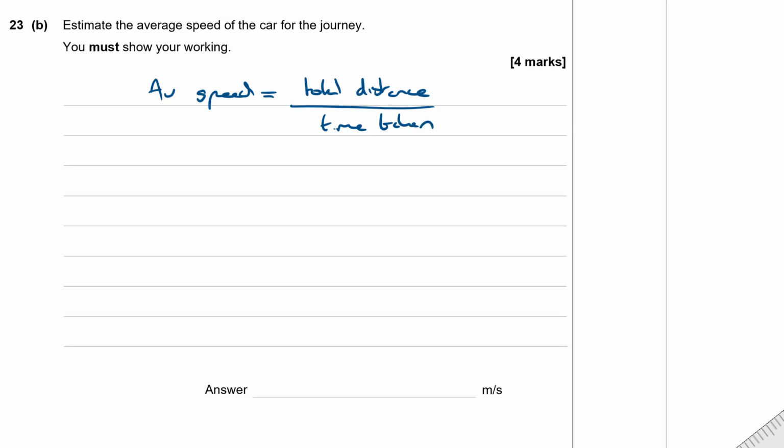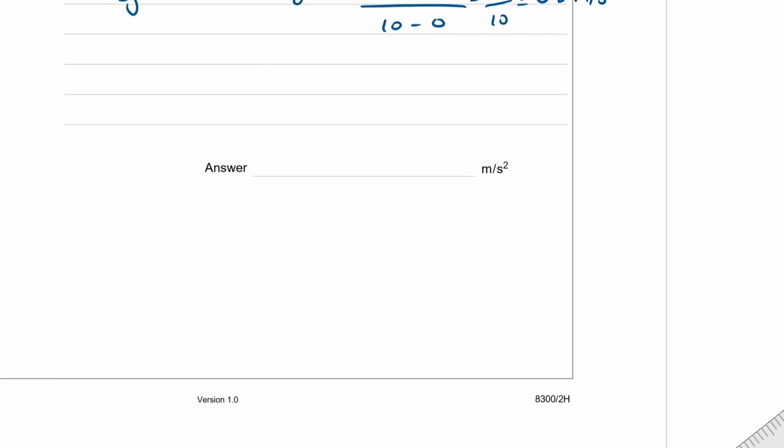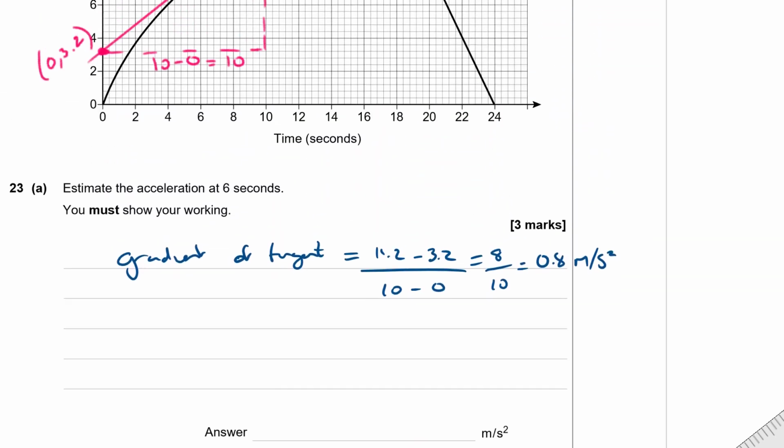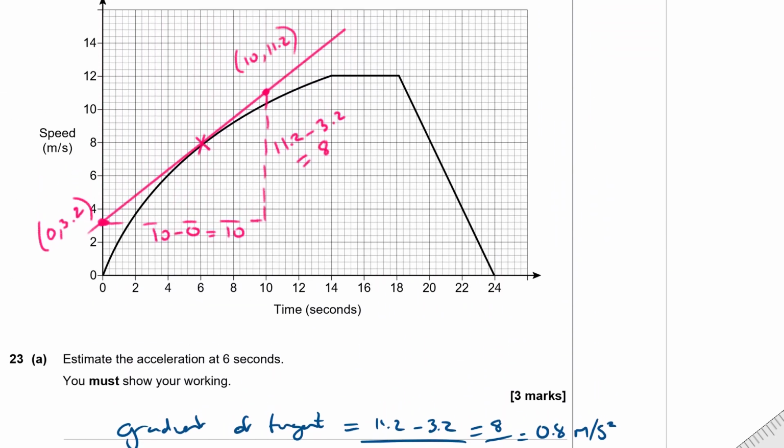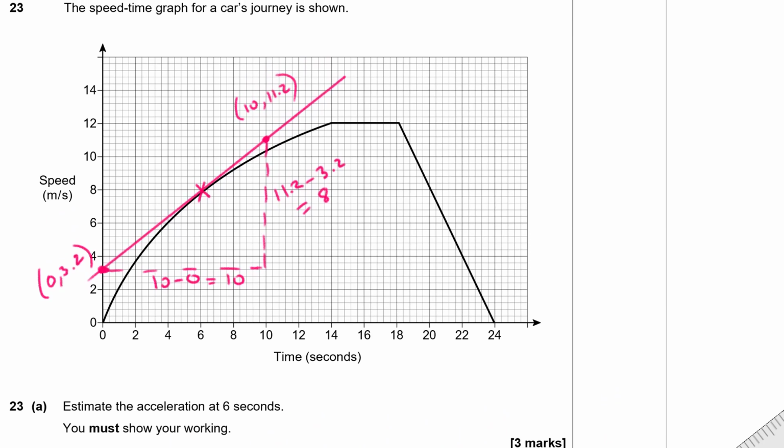Okay, so basically we know the time taken, but the distance is what we're going to need to work out. Now you'll remember that the distance on a speed time graph is given as the area under the curve or under the graph. Now this graph is made up of 3 distinct parts.